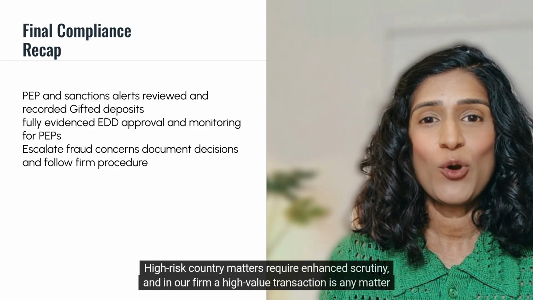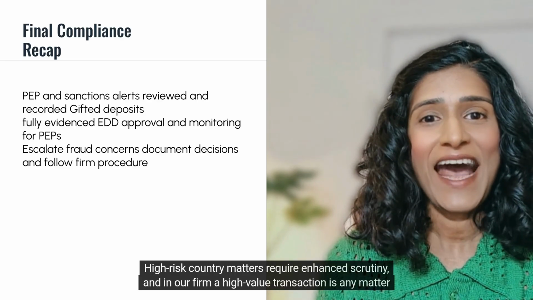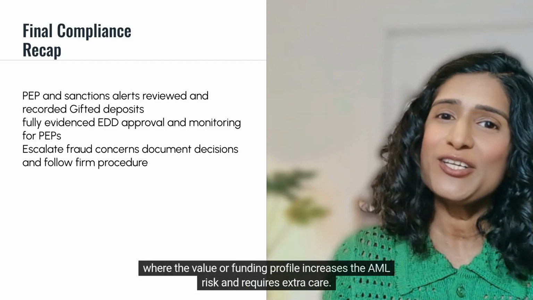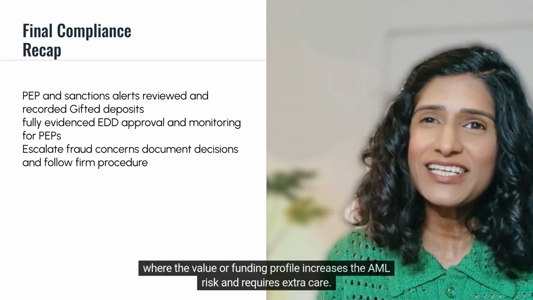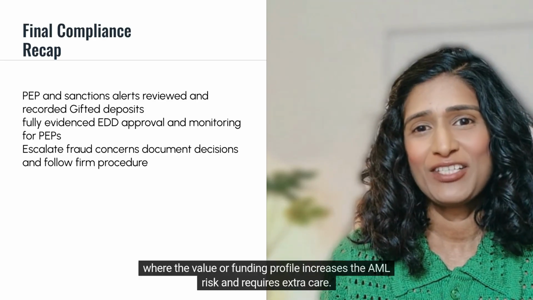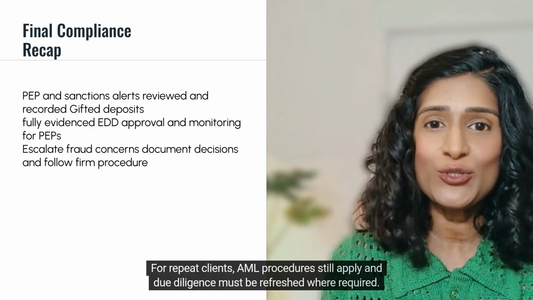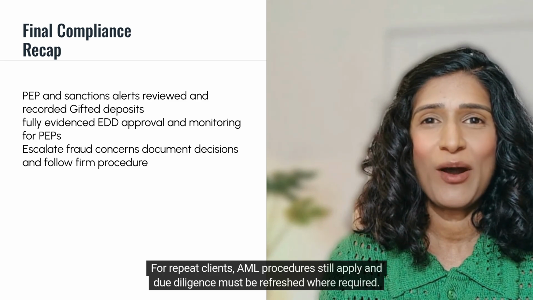High-risk country matters require enhanced scrutiny, and in our firm, a high-value transaction is any matter where the value or funding profile increases the AML risk and requires extra care. For repeat clients, AML procedures still apply and due diligence must be refreshed where required.